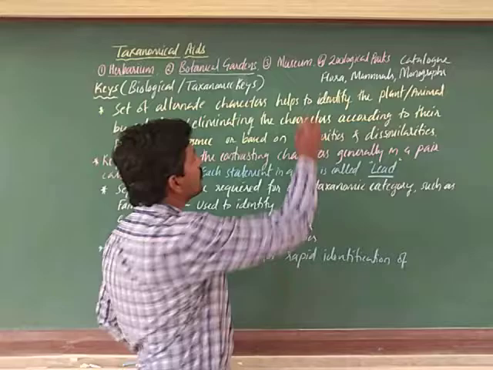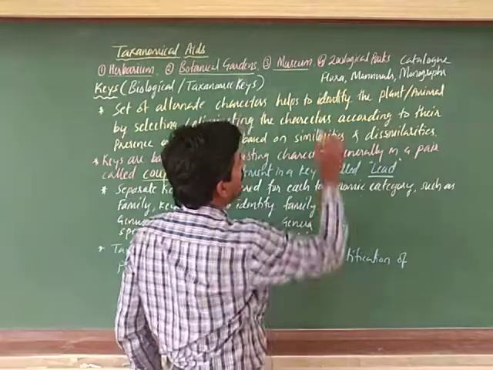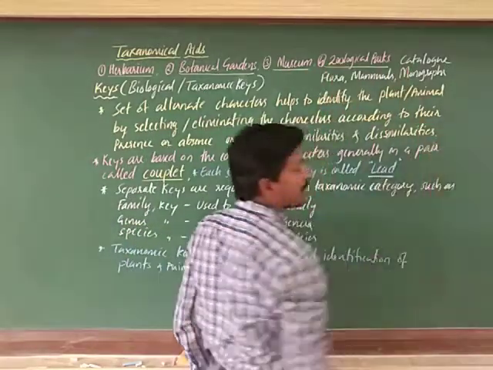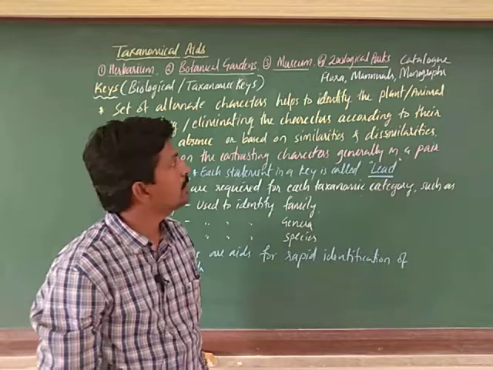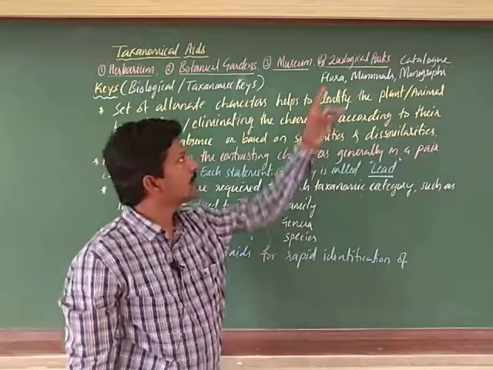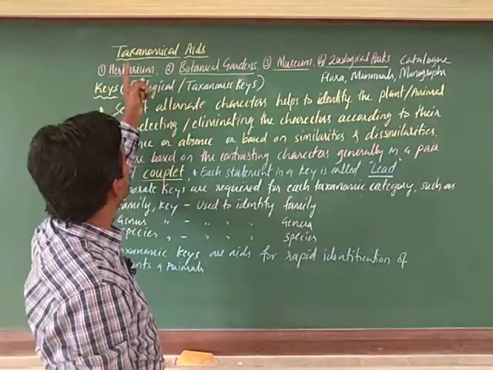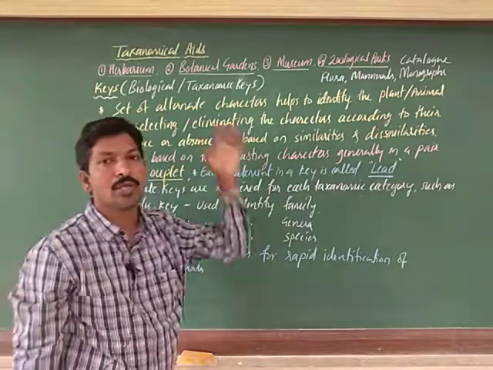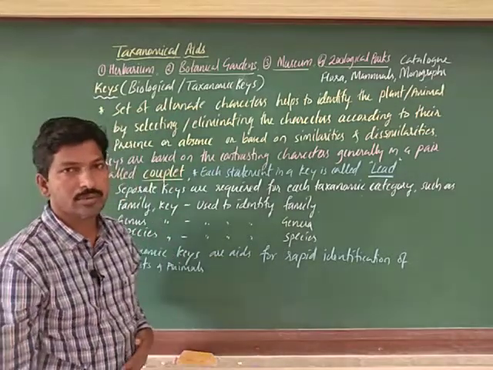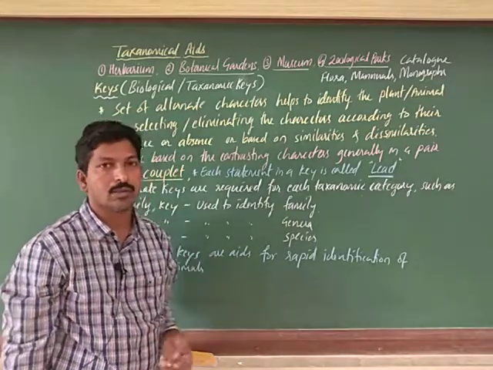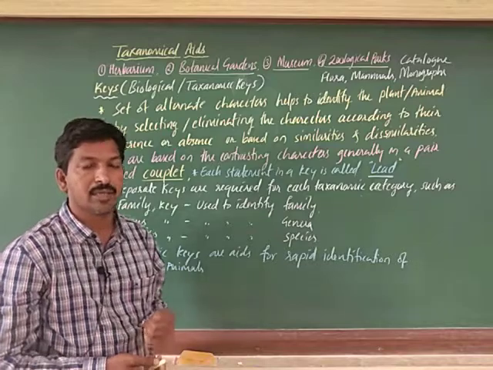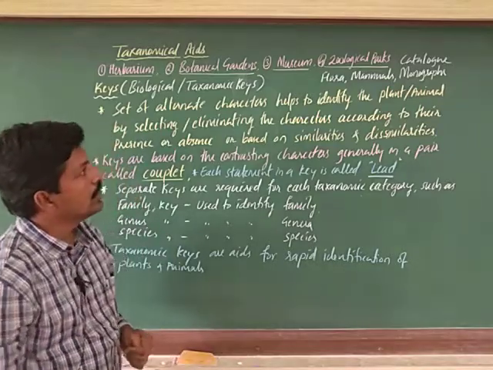Next, museum also we discussed, and zoological parks, commonly known as zoo. We discussed all these four different tools which are useful in the study of taxonomy, that is the identification and naming process. Understood?